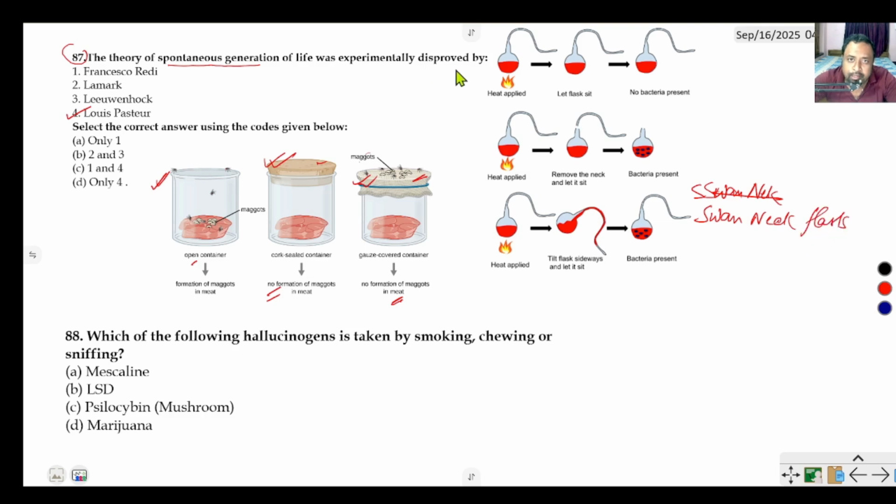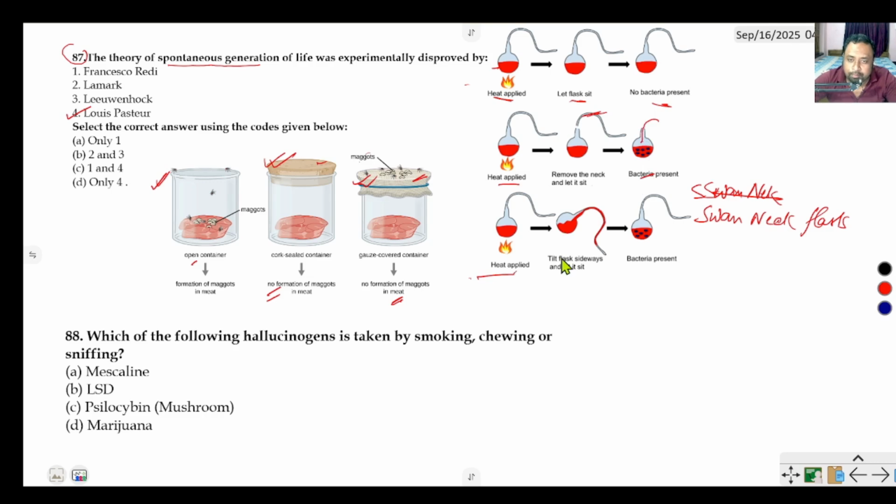Experiment. First, he took a nutrient medium and applied heat. He left the flask, and no bacteria were present. Then heat was applied and the neck part was removed, so air came in direct contact with the medium, and bacteria grew.